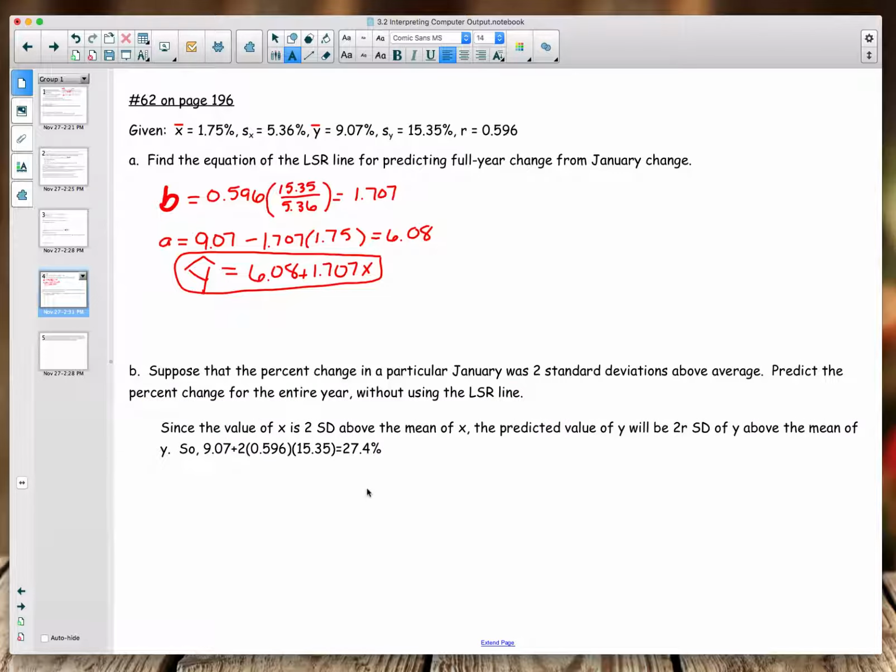Okay, so to go back here, what is regression to the mean? Basically what that's saying is that your variables are always going to go towards your mean. In other words, if you have a variable that's extreme on its first measurement, it's going to tend to be closer to the mean on its second measurement, and vice versa.